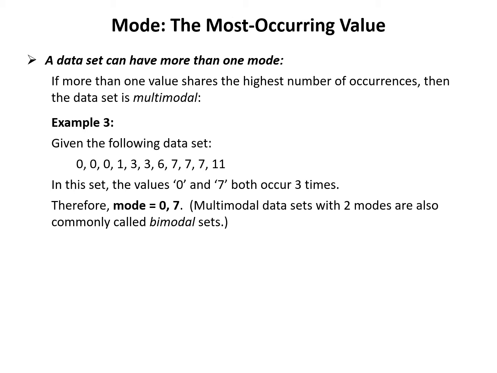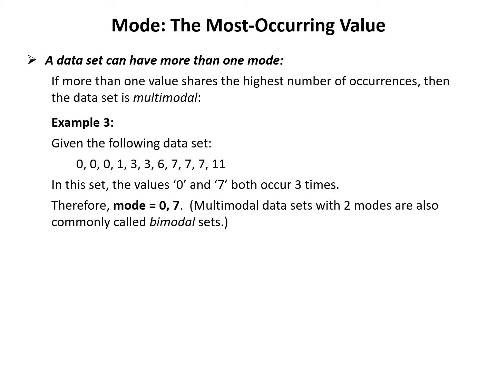A second feature of the mode is that a data set can have more than one mode. If more than one value shares the highest number of occurrences, then the data set is multimodal. Example 3 here shows a set of numbers, and this time it's conveniently listed in increasing order, which makes it quicker to see the number of occurrences of each value.